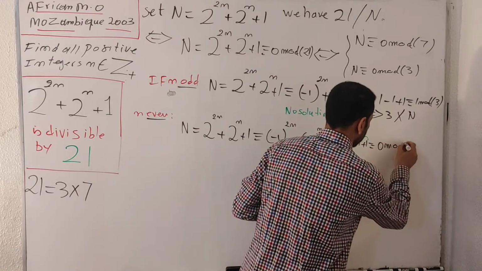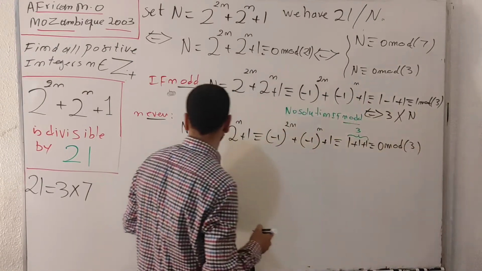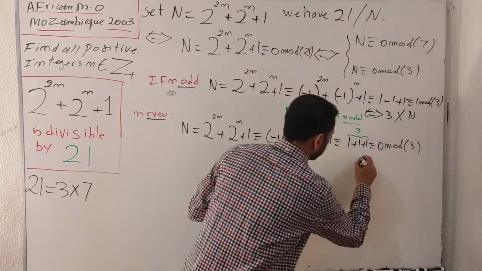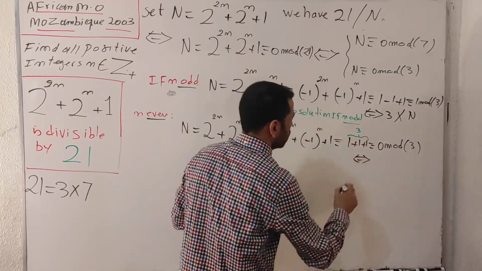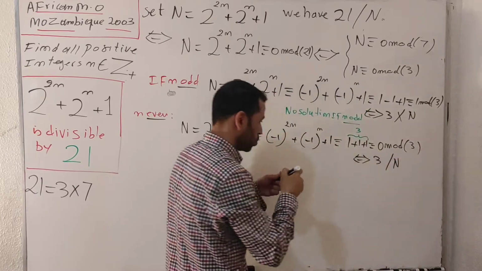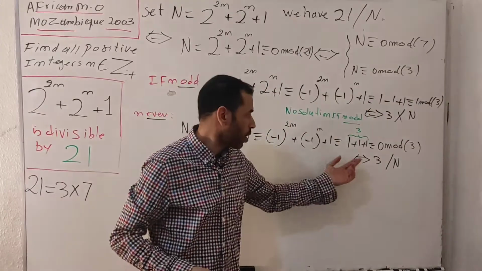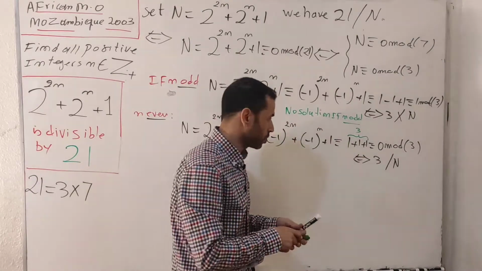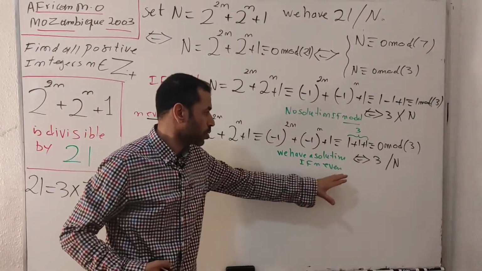This tells us 3 divides capital N, so we have a solution when n is even.